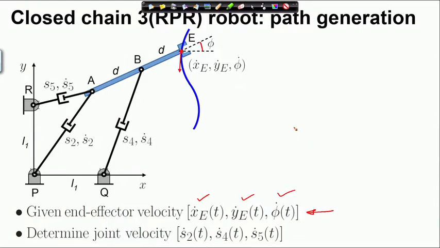What we need to find out is the actuator expansion rates, so this vector S 2 dot, S 4 dot, S 5 dot. So, here are the actuators. We need to find out their expansion rates for a specified end effector trajectory or velocity. Once given the end effector trajectory, we can always determine or calculate the end effector velocity.